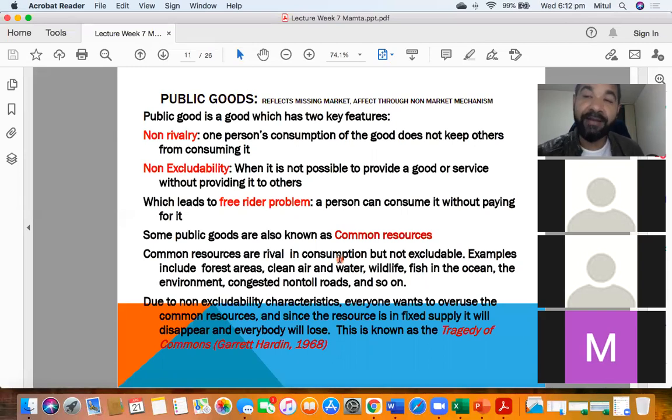There are 9 left for the other people. But he takes another one. 8 are left for the other people. So when you're consuming something, it has an effect on other people's consumption. Okay, that's called rivalry.